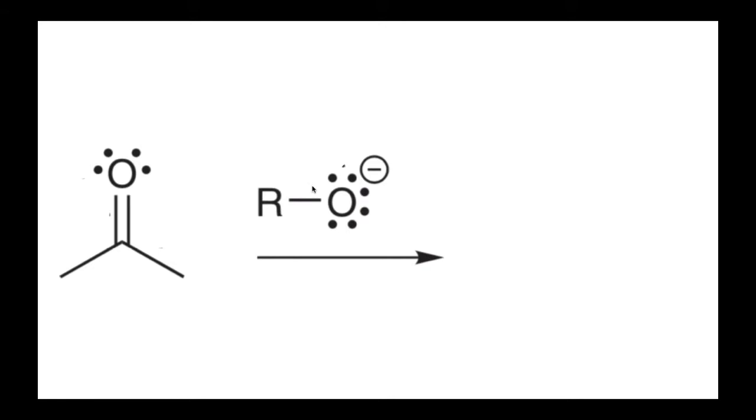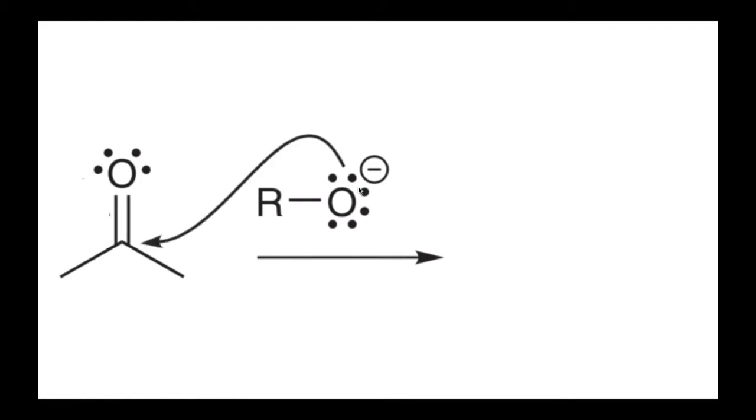Selena is saying that this is an alkoxide, and yes, Selena is right. So this is an alkoxide ion. An alkoxide is simply a deprotonated alcohol, and it's a way stronger nucleophile because now we have a negative charge on the oxygen. A charge will make a nucleophile stronger.